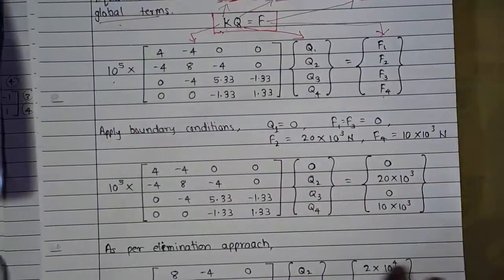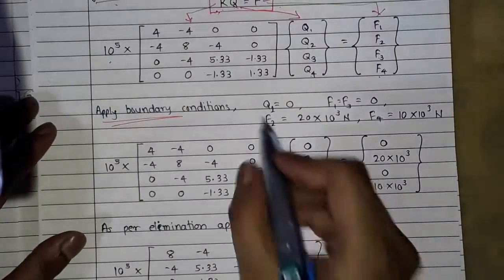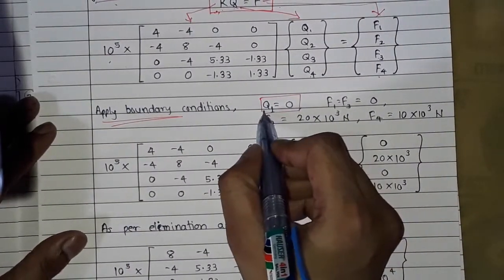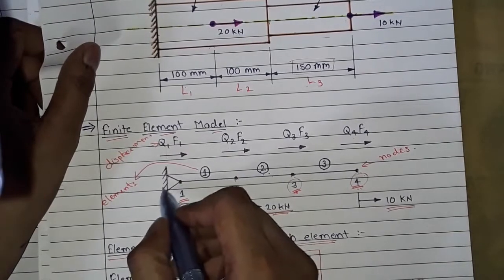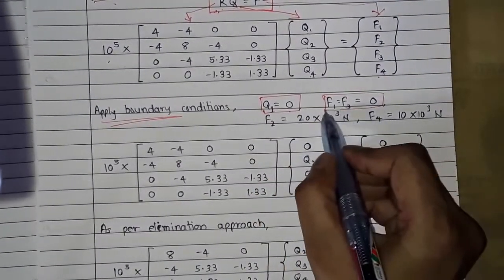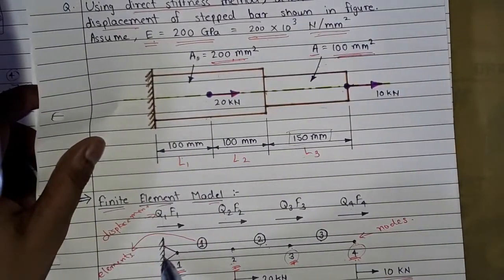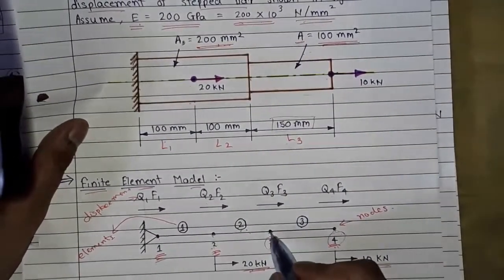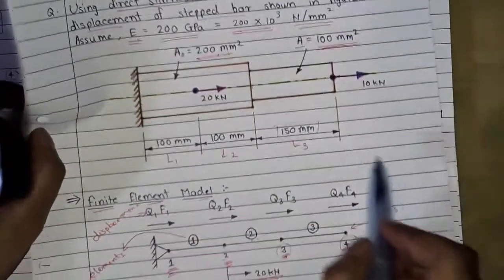Now, friends, we will apply the boundary conditions. Now see, friends, Q1 is equal to 0 as at node 1 we have 0 displacement as it is fixed here. So here Q1 is equal to 0 and F1 and F3 are equal to 0, because F1 is fixed and there is no force at node 3, as we can see in the question.